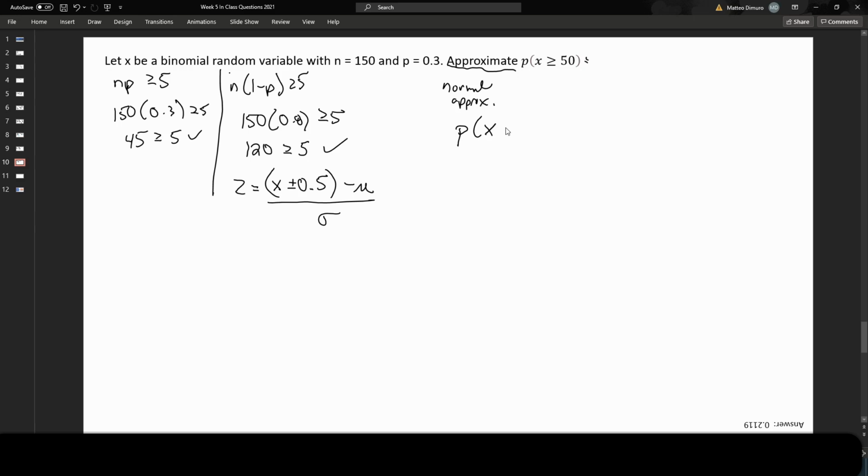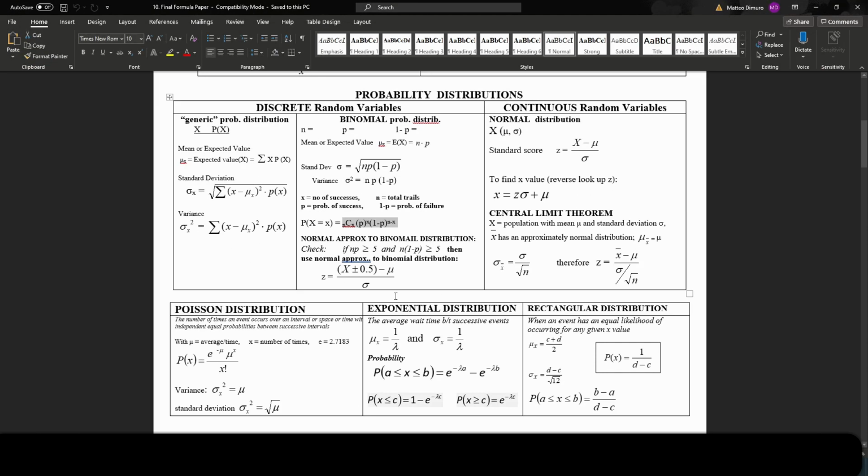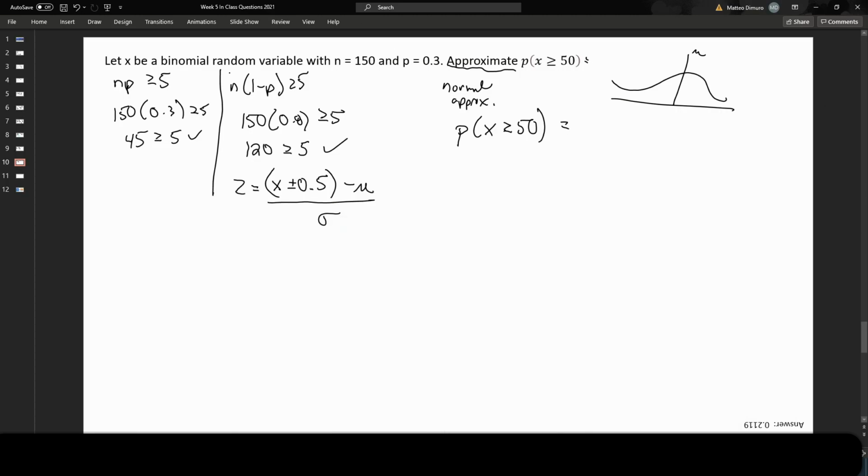The probability that x is greater than or equal to 50 is equal to, now because it's pointing to the right, we have to calculate the mean. The mean is n times p, so the mean is 45, and we're looking for greater than 50.